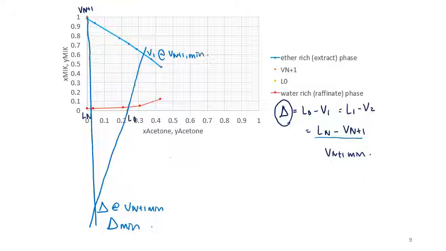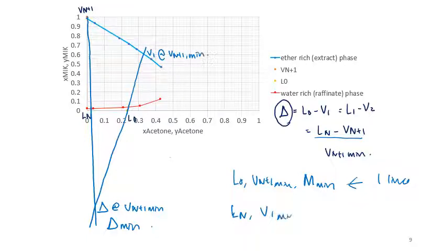Then L0, Vn plus 1 minimum and M minimum should lie on one line, and also Ln, V1 minimum and M minimum should lie on one line.